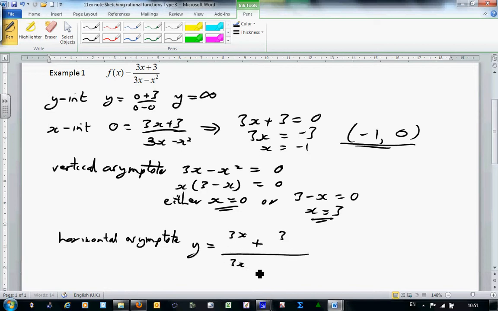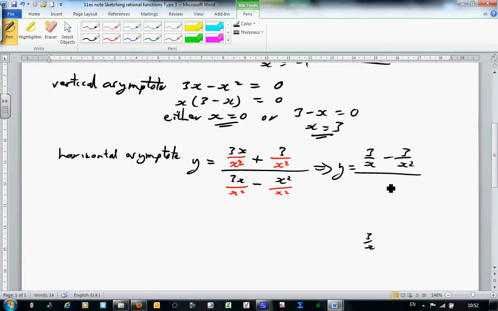What we're going to do is divide through by x squared, which is the highest power of this function. So we divide through by the highest power, and we end up with something very messy. It gives us 3 over x minus 3 over x squared, all over 3 over x again minus 1.